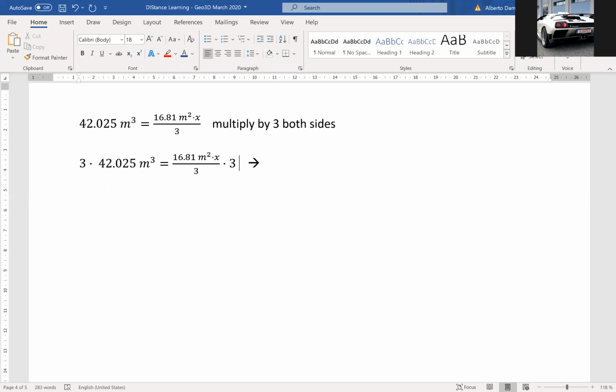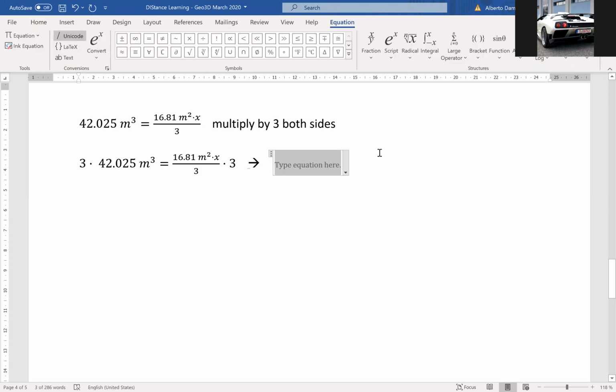And what we get is basically 3 times 42.025. If I'm not mistaken, it's 126.075 on the one hand, and it's meters cubed. So meters cubed, and that would be equal to, well, we're left on the other side because the 3 disappears from the denominator. It's just 16.81 meters squared times X.